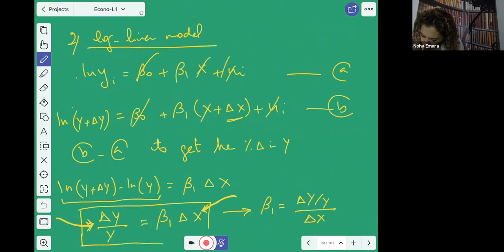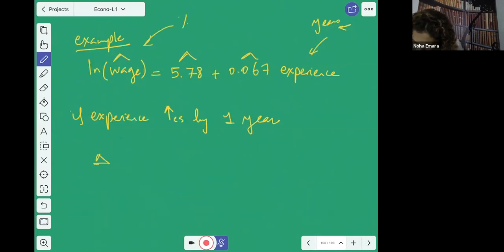Okay, I'm going to just take it on the other side. So this one is saying that the change in y over y is equal to beta 1 change in x. Now, if I want to analyze this in terms of percentages, I want you to remember this is in percent. So if this is 1, then this is 100.